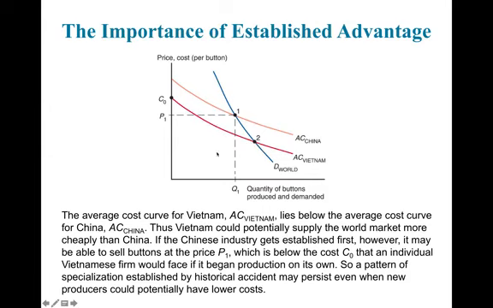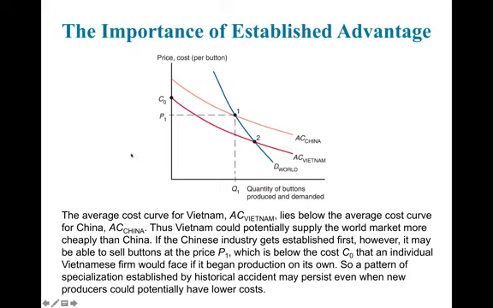To fix ideas and to make the example stark, imagine that China has a head start, and Vietnam is not there. Vietnam has not established its industry yet, and so the world equilibrium is one where China is the producer. We are at point 1. The quantity produced is Q1, and the price is P1.